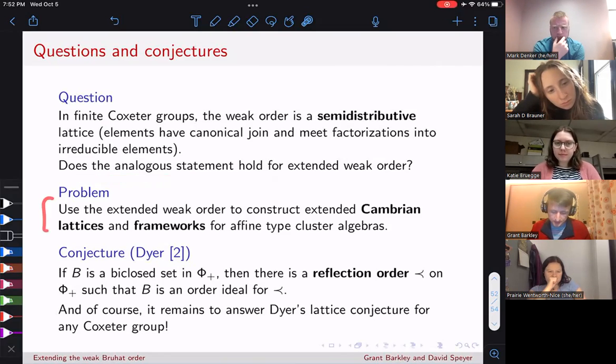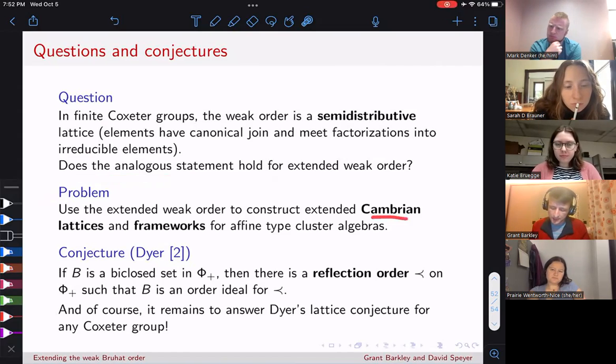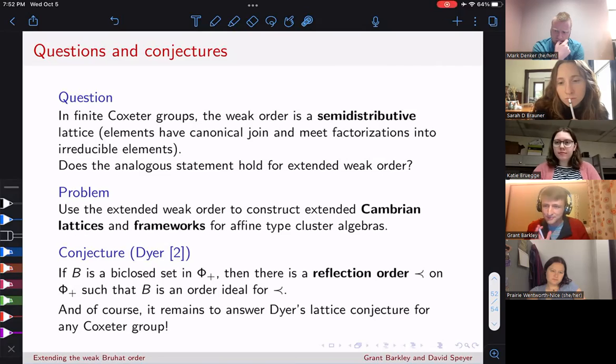Another problem, and this was one of our motivating projects, is that one of the things we want to apply these biclosed sets to is the Cambrian lattice, which generalizes the Tamari lattice. The reason you would want to construct these generalizations is that they relate very strongly to the geometry associated with cluster algebras.